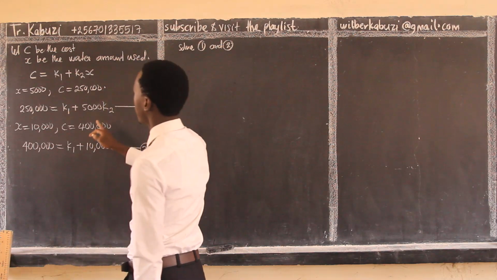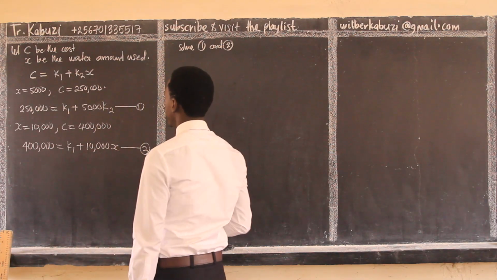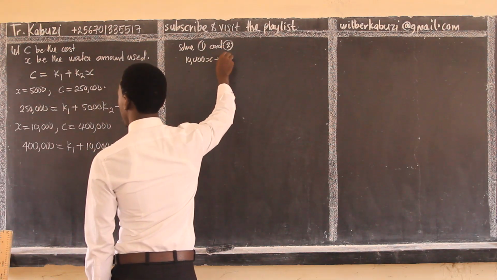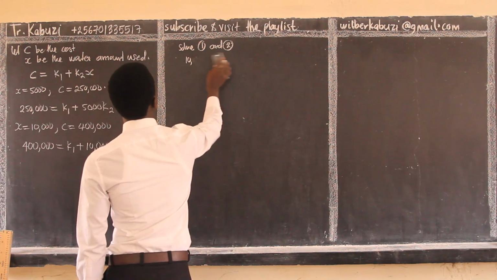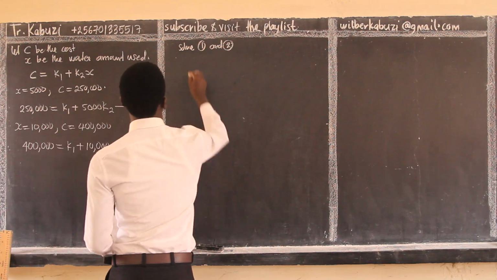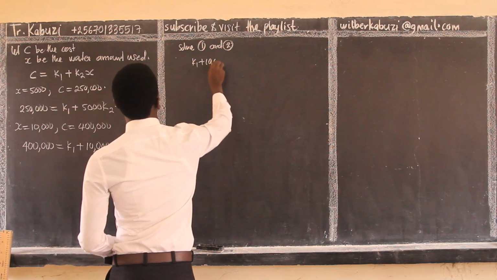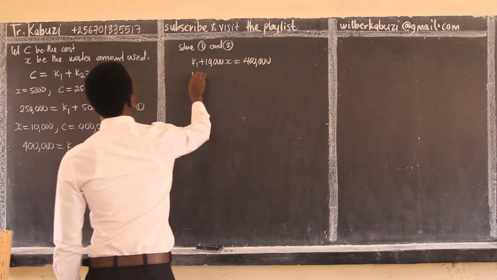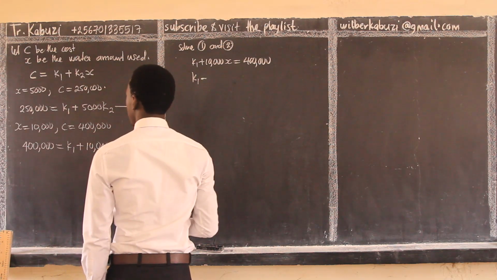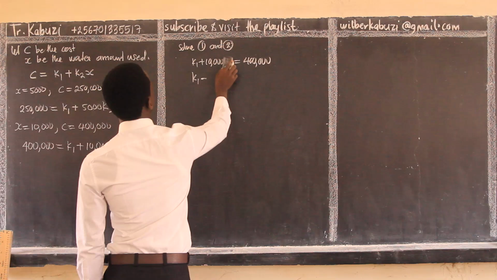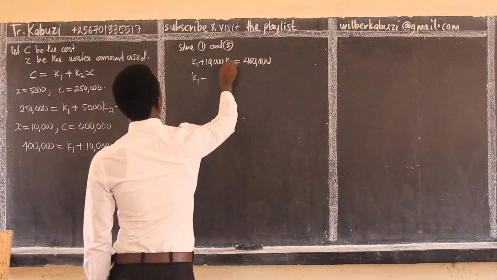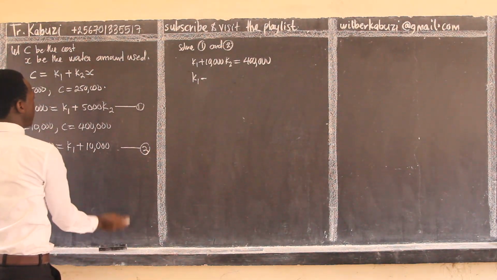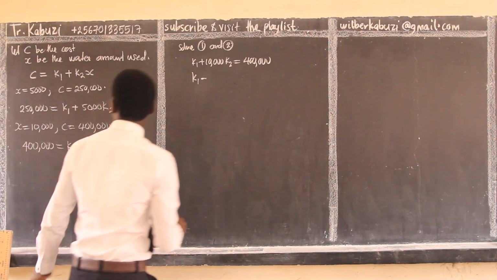I'm going to start with the right-hand side, so 10,000 K2, and this is K2, not X, because we are substituting it for X in there.